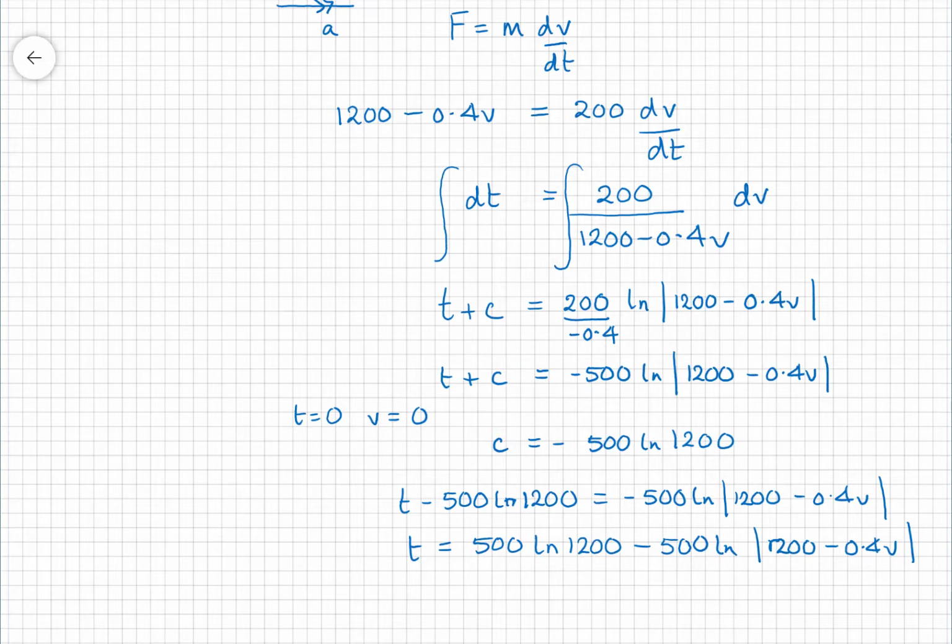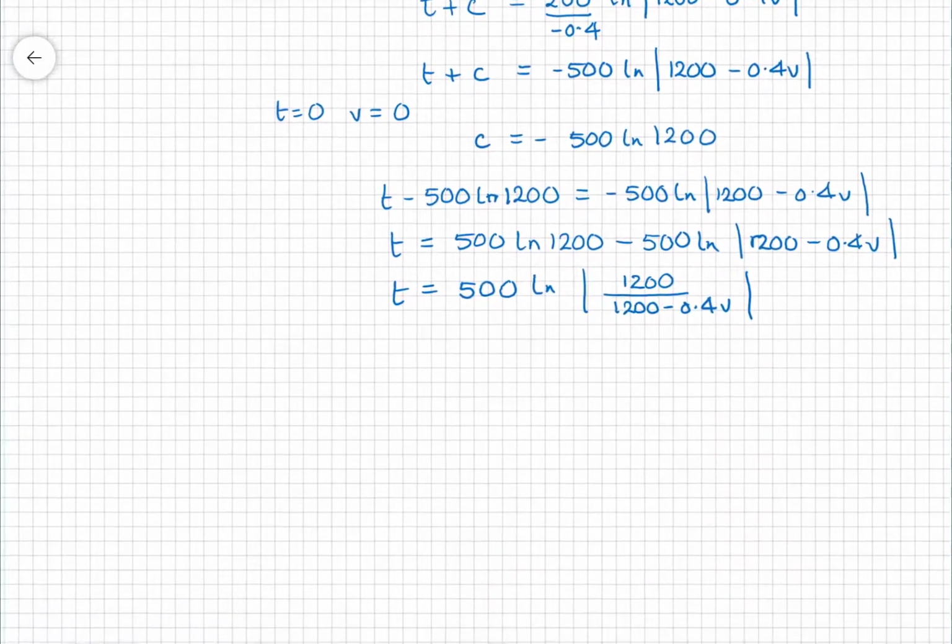Using our laws of logs, we can combine that to give us t is equal to 500 ln of 1200 over 1200 minus 0.4v. We're not quite finished here, because in the question we were asked to find v as a function of t, so we've got to rearrange all of this to complete the question.